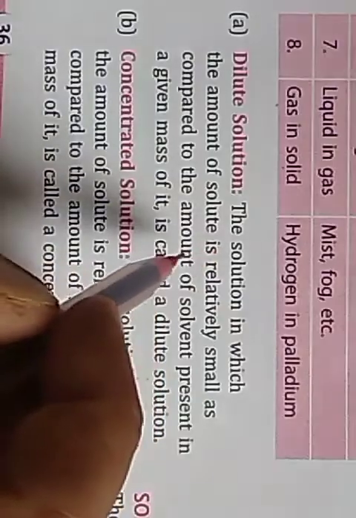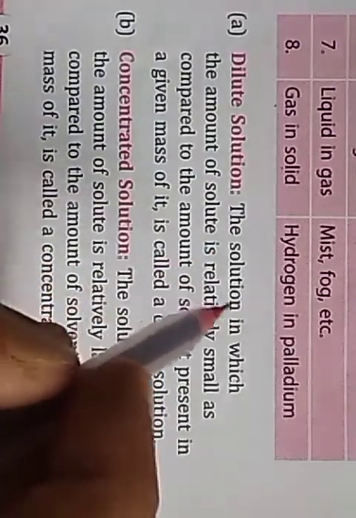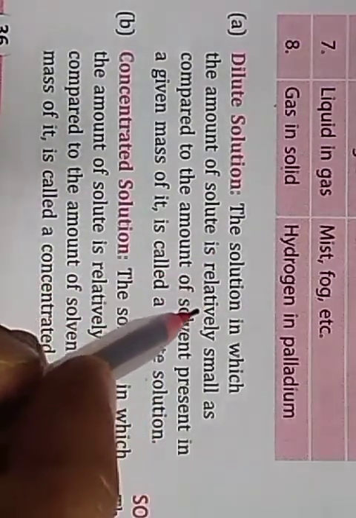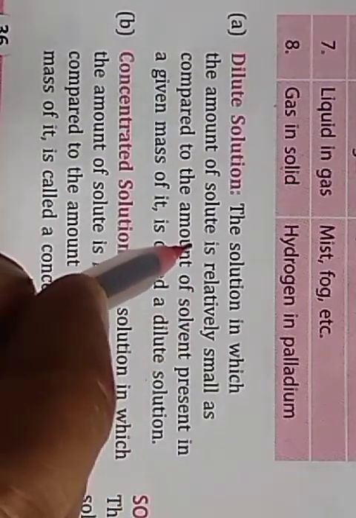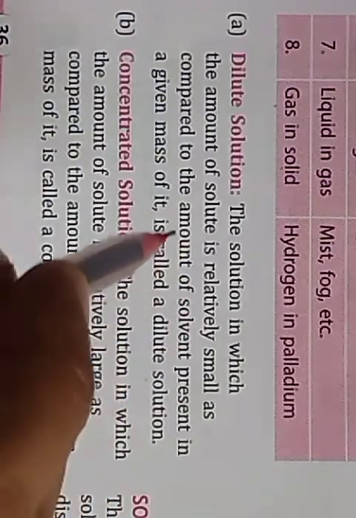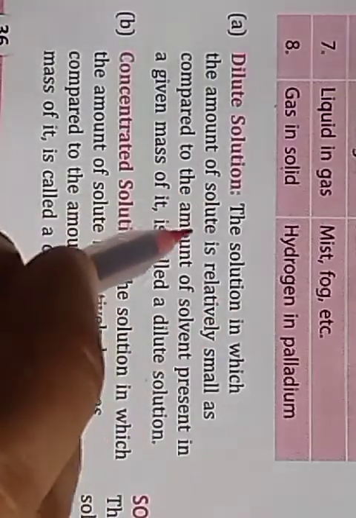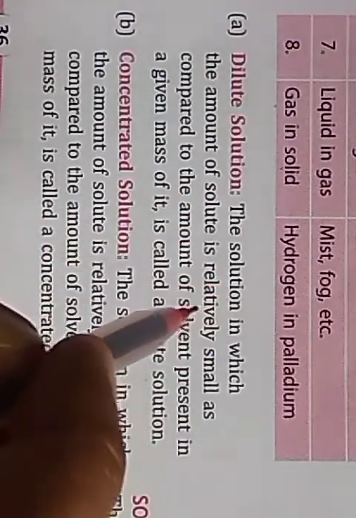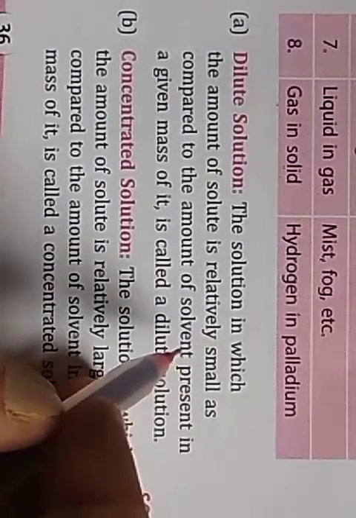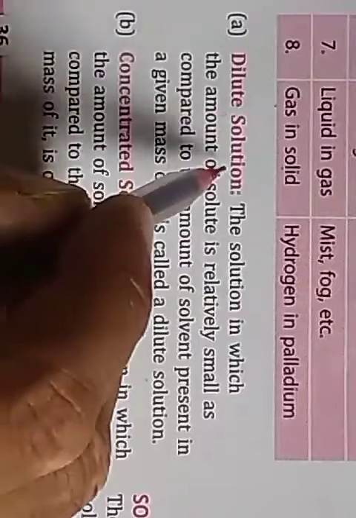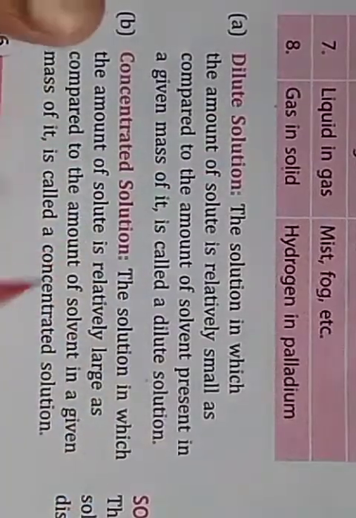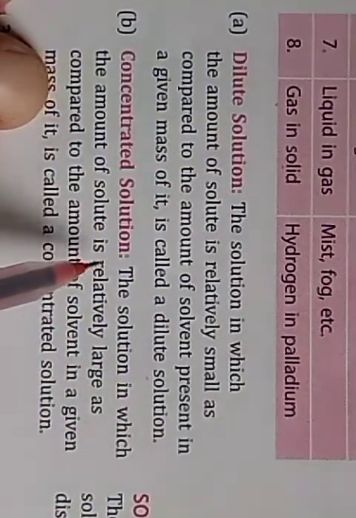If the amount of solute present in a particular solution is relatively small as compared to the amount of solvent present in the solution, that solution is called the dilute solution. Now concentrated solution.